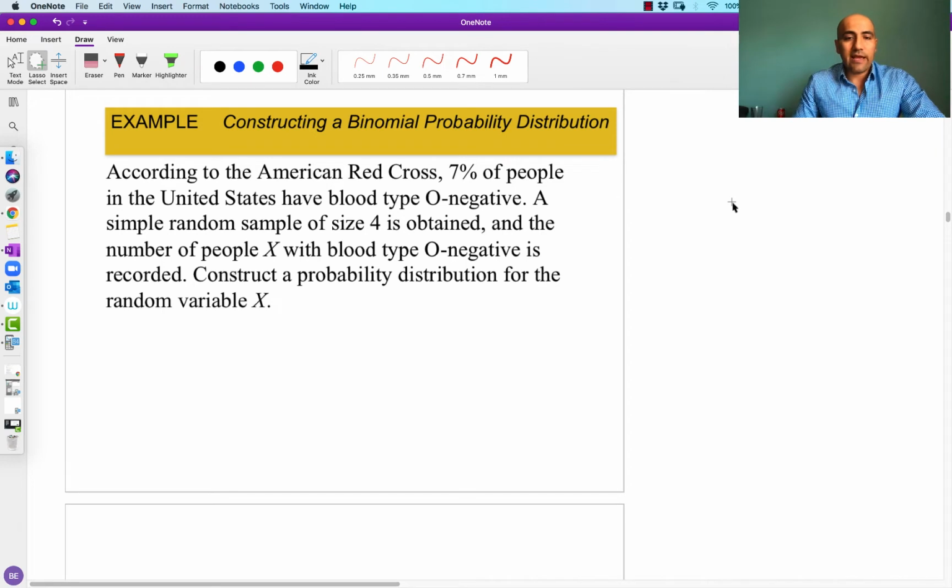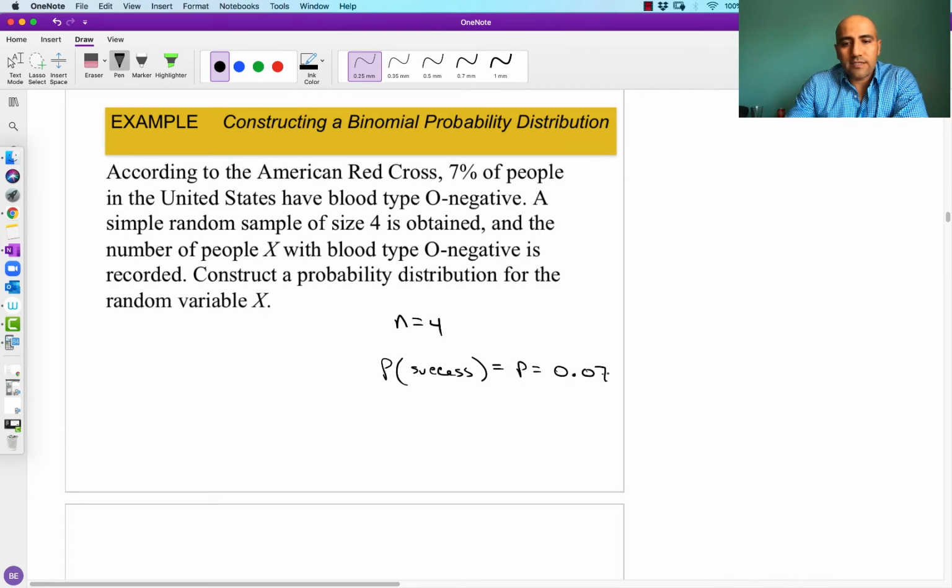In this case, n equals 4, and the probability of success, which is p, equals 0.07, which means that the probability that we fail is 1 minus the probability of success, which is 1 minus p, which is 1 minus 0.07, which gives you its complement, 0.93.